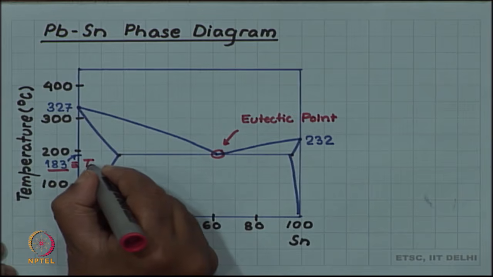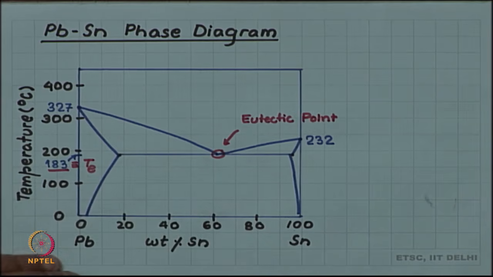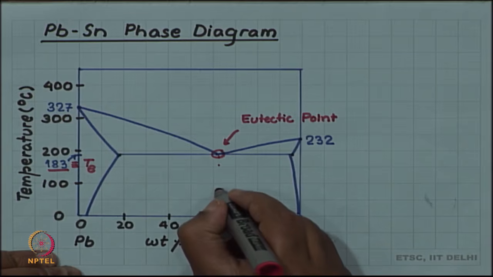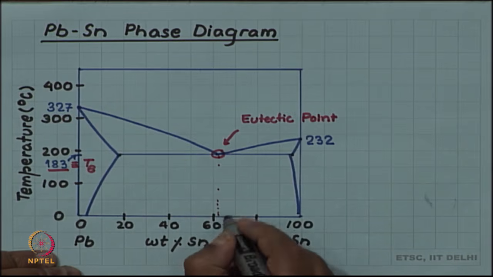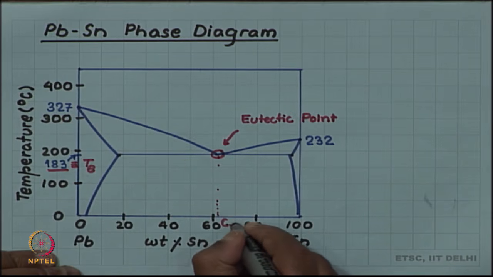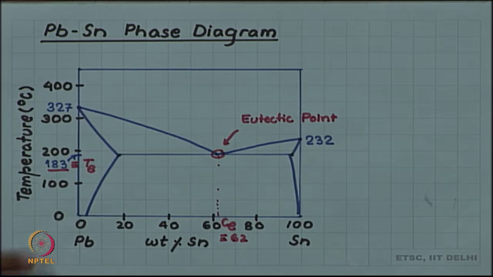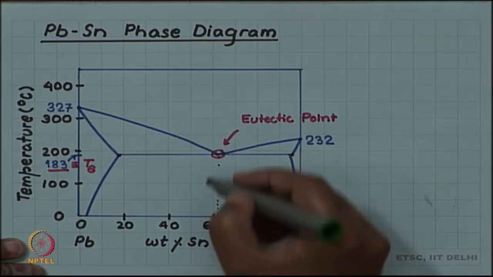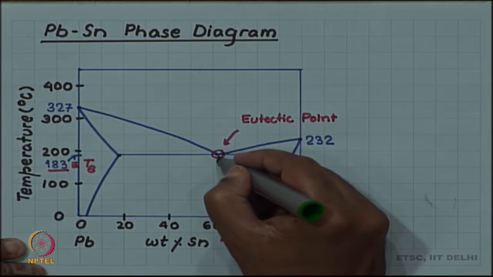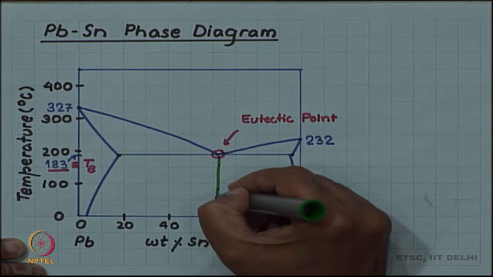I am writing it as TE, and the composition corresponding to this is the eutectic composition. I am calling that CE, and we saw yesterday this was 62 weight percent tin. The alloy of exactly eutectic composition is called the eutectic alloy.